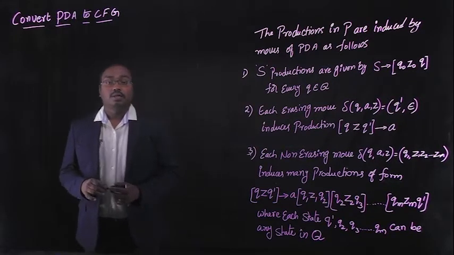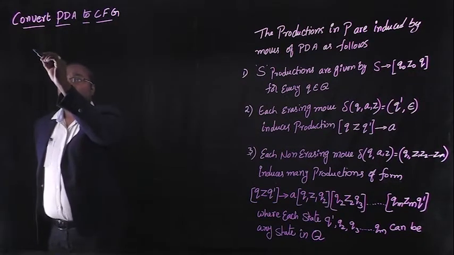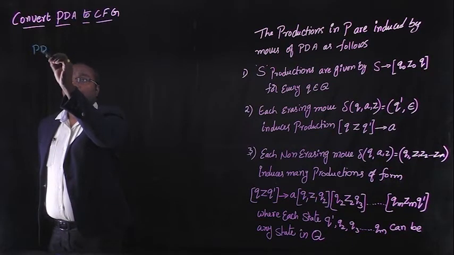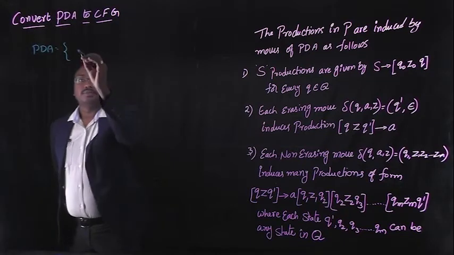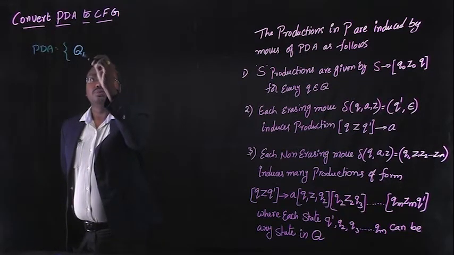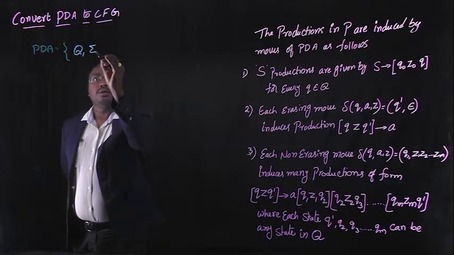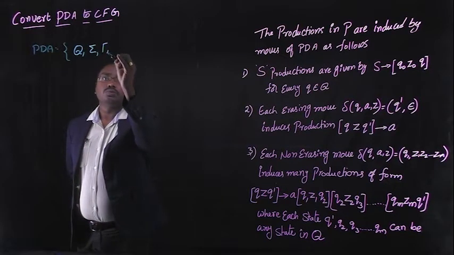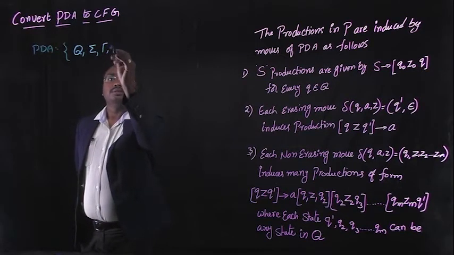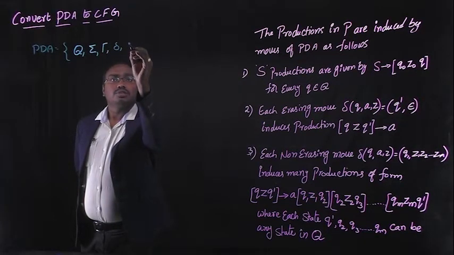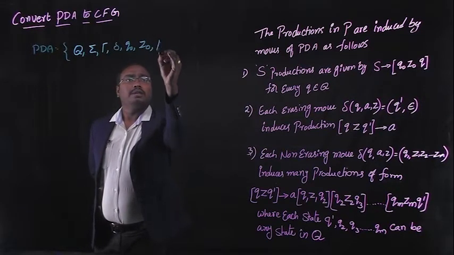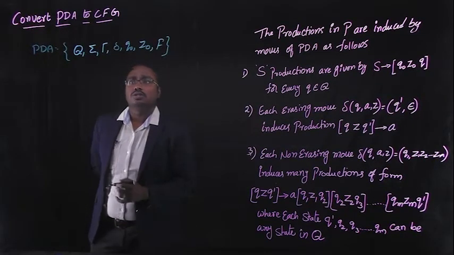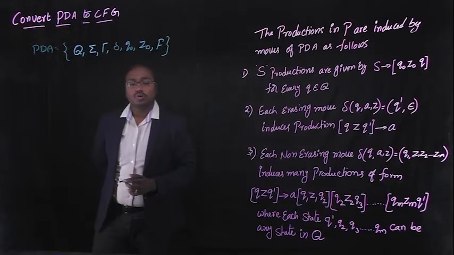So here, the PDA has 7 tuples: capital Q, sigma, tau, delta, Q naught, Z naught, and F. So these are the 7 tuples for push-down automata.